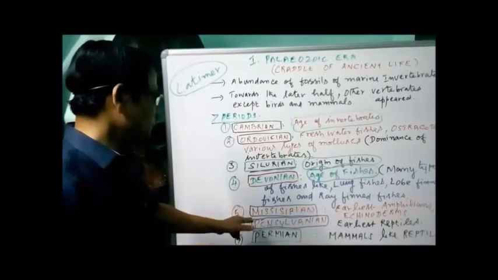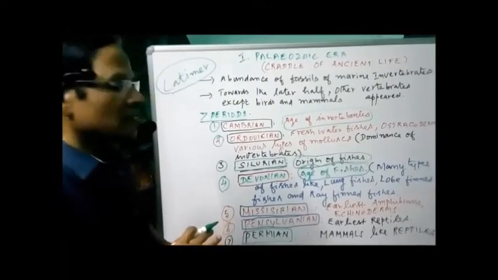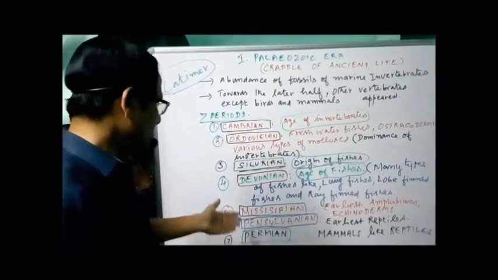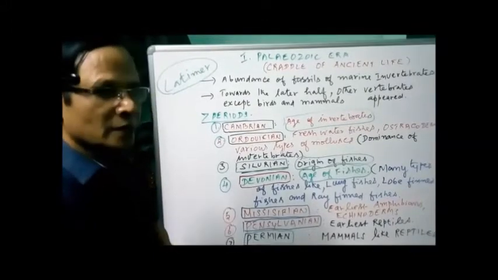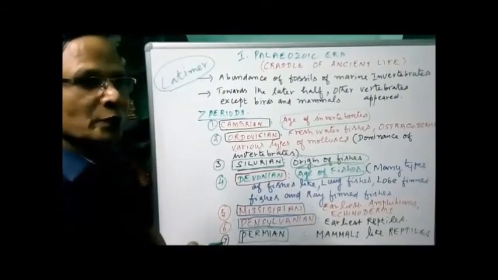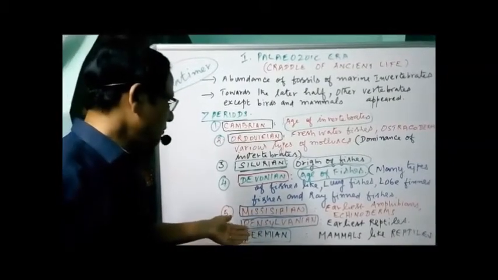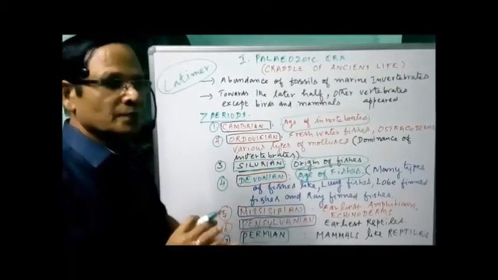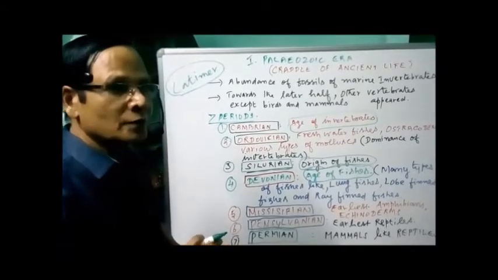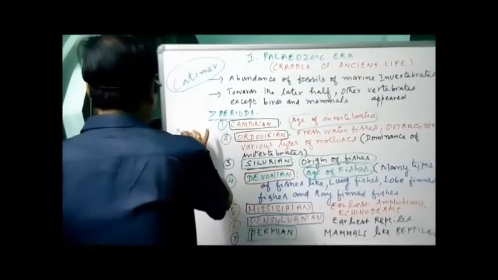So, Mississippian is marked by the earliest amphibians and the echinoderms. Then we have the Pennsylvanian, earliest reptiles, and finally the Permian period. It's also important. During that period we have mammal-like reptiles, but this is the period marked for mass extinction.